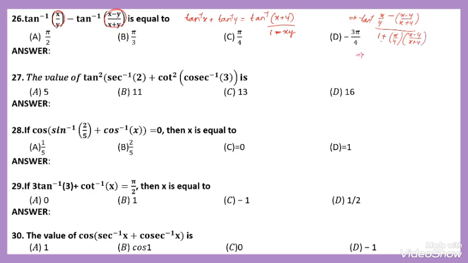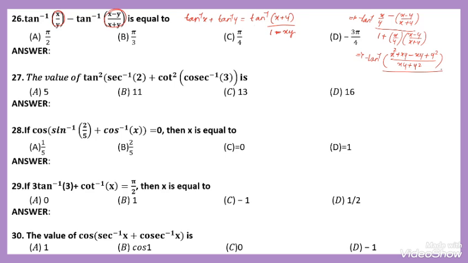While solving this one, taking the cross multiplication, tan inverse of that is x into x square plus xy minus y into minus xy plus y square, divided by xy plus y square.